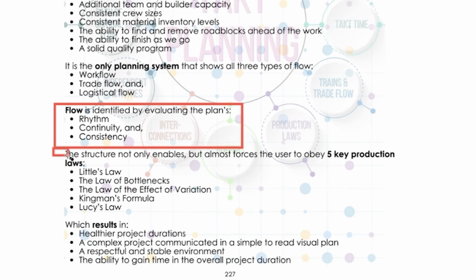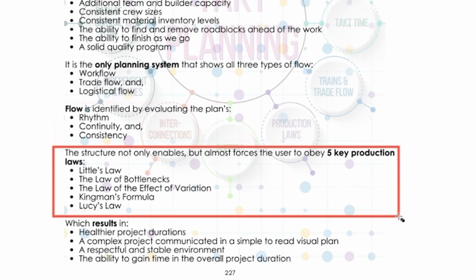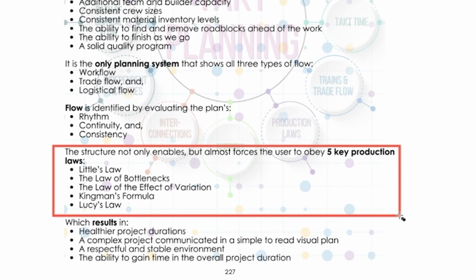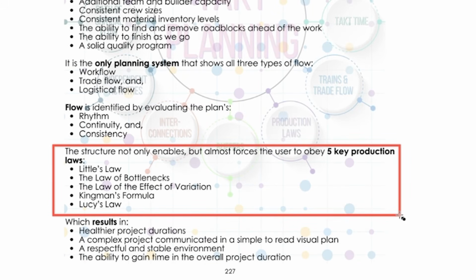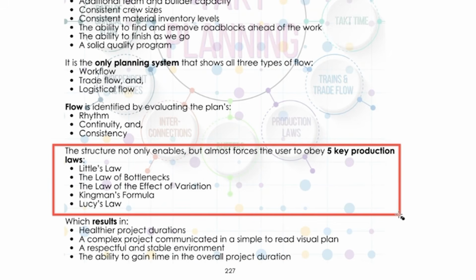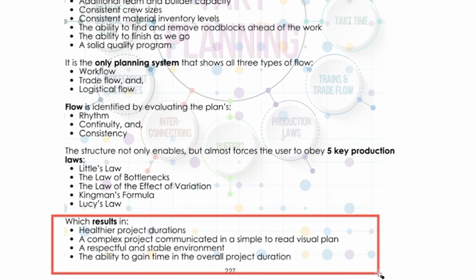The structure not only enables, but almost forces you to obey Little's law, the law of bottlenecks, the law of the effective variation, Kingman's formula, and Lucy's law, which results in, and this is super important, healthier project durations, good communicated plan, respectful and stable environment, and the ability to gain time in the end.